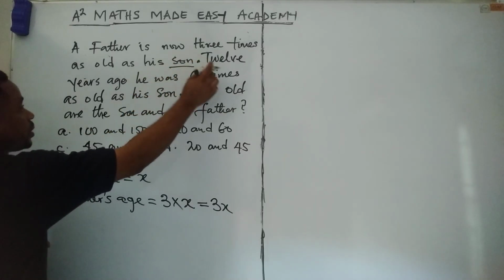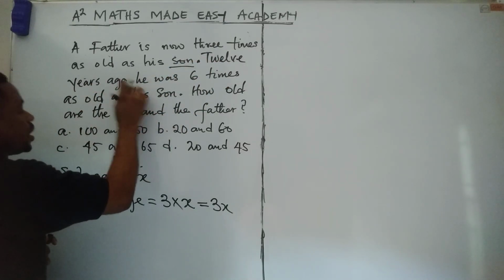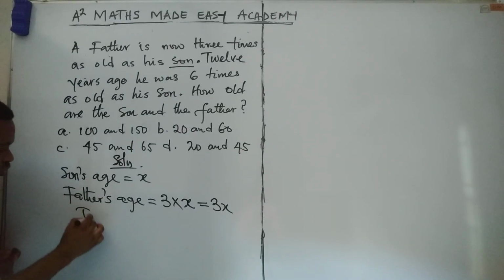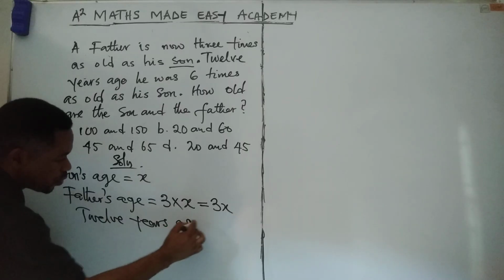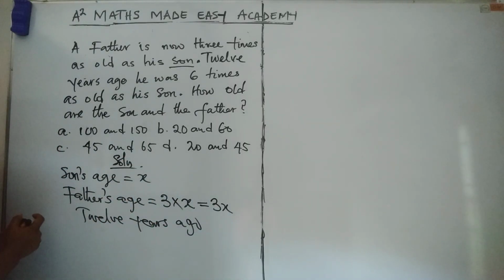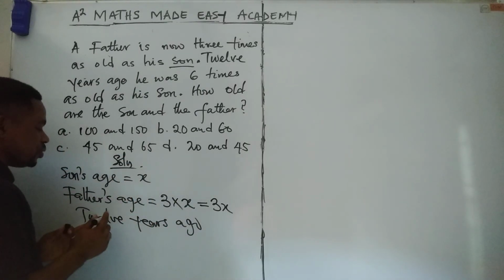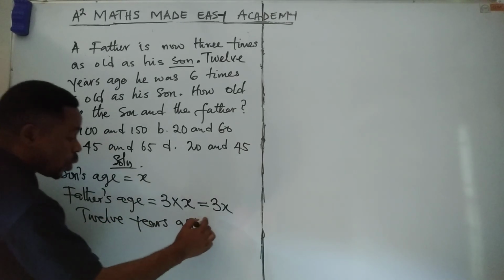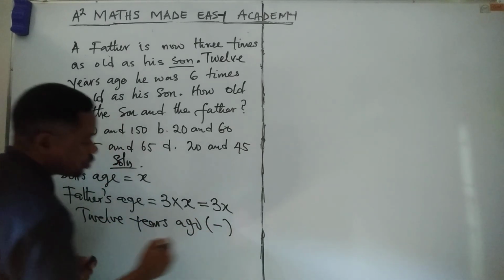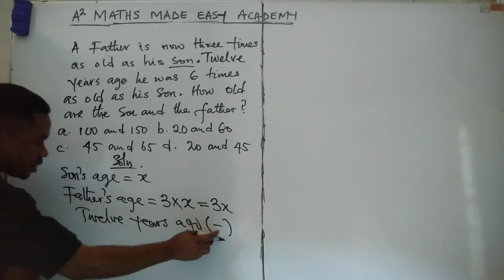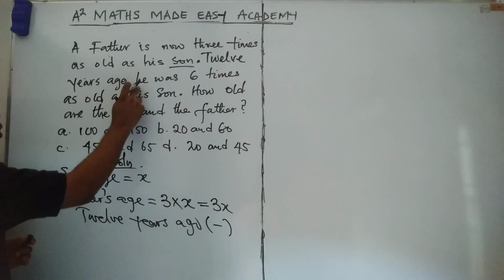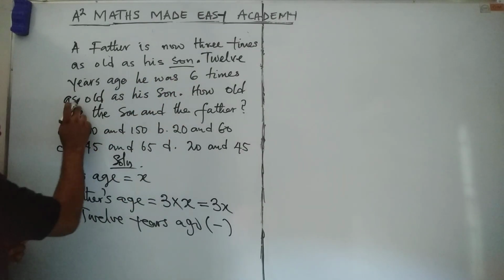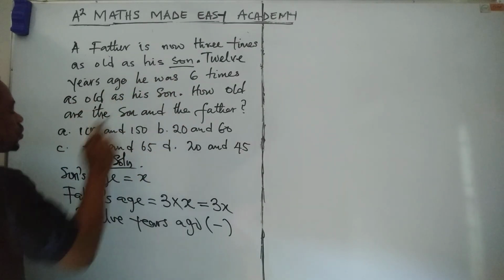We stop here. 12 years ago. Now let's talk about 12 years ago. What happens? Anytime you hear the words years ago, please always introduce minus. 12 years ago, he was 6 times as old as his son.